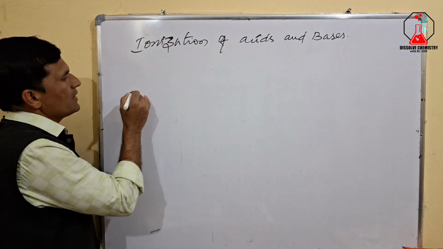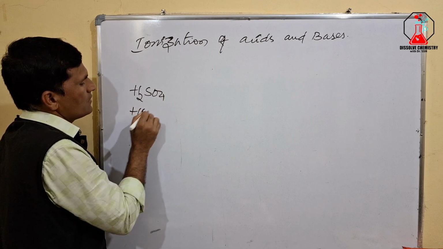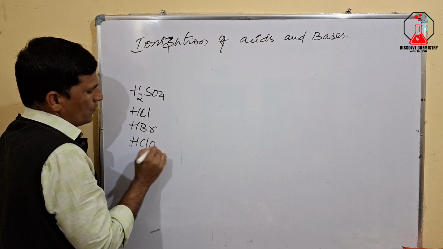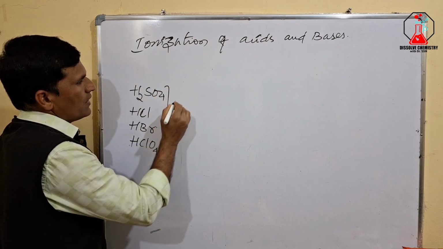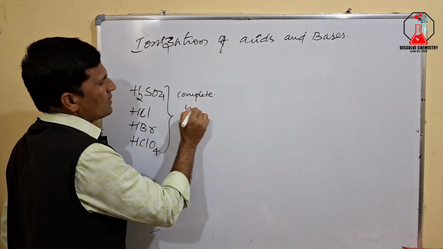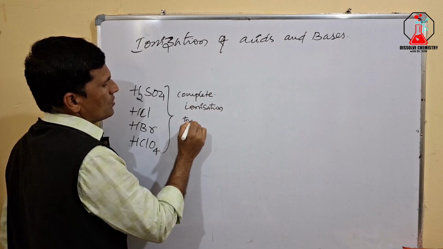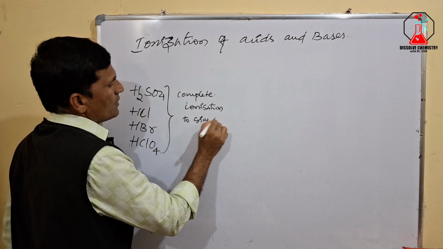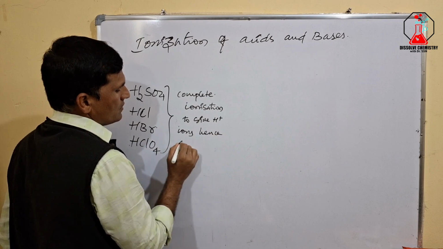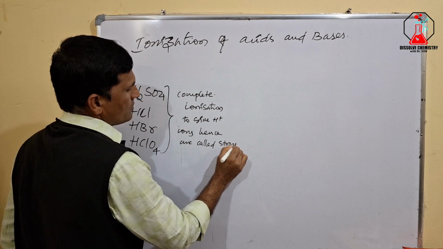So according to this Arrhenius concept, H2SO4, HCl, HBr, HClO4, all these undergo almost complete ionization to give H plus ions, hence are called strong acids.